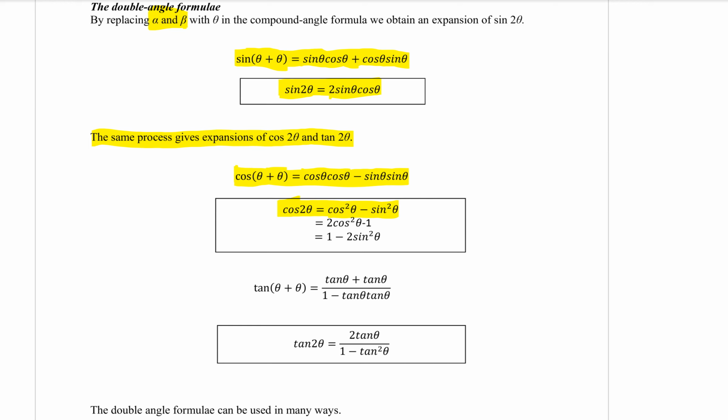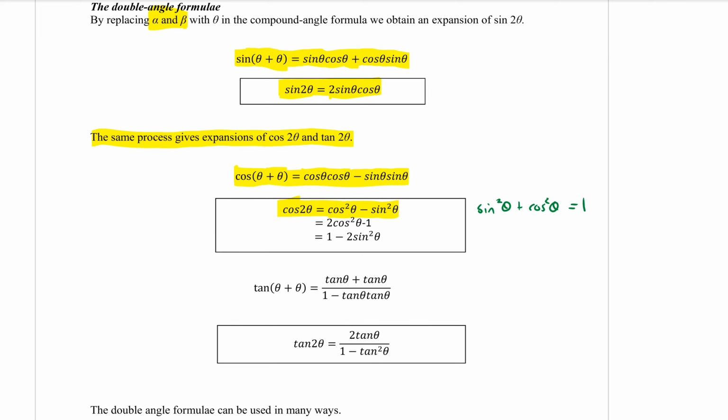Now, cos 2 theta is different to the other two formulas in that there are 3 different ways that we frequently see this formula. I've just shown you the first one. To get the other two formulas, all you are doing is using the Pythagorean triad, sine squared theta plus cos squared theta is equal to 1.